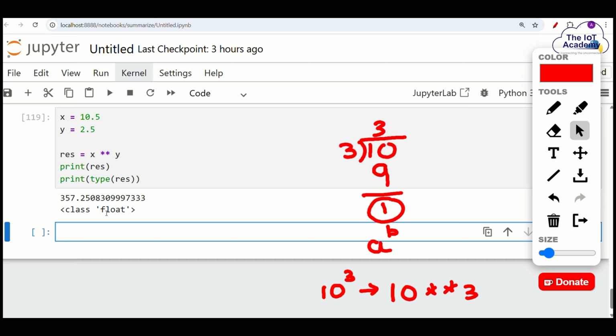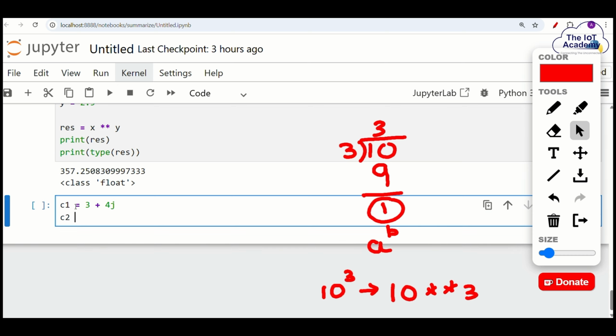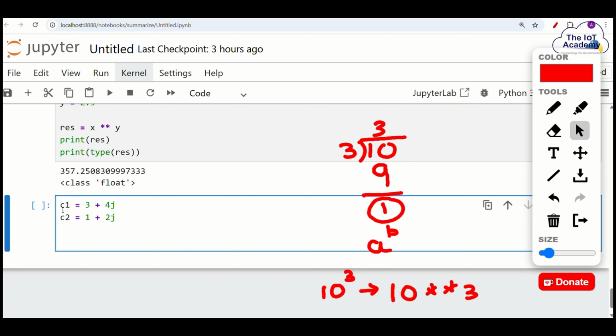It's easy, right? Okay, complex numbers now. Same thing. Let's say your complex number C1 is equal to 3 plus 4j. The C2, which is your second complex number, let's say is equal to 1 plus 2j. Again, how do you define complex numbers?